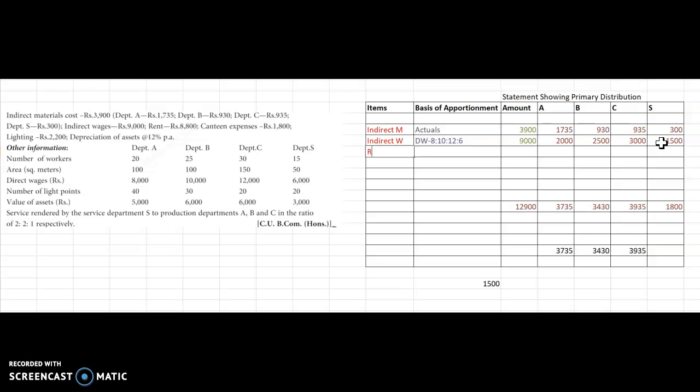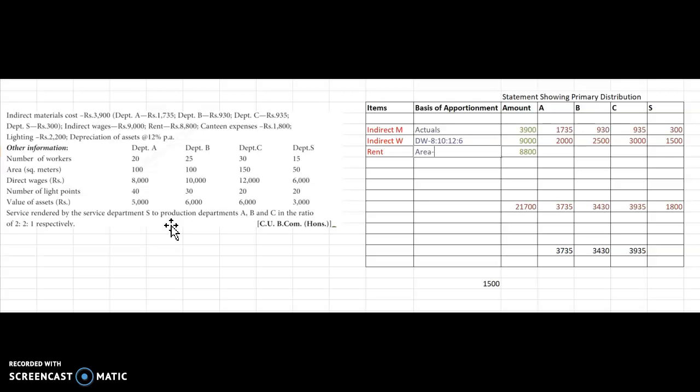Next, we have rent, which is 8,800. Basis of apportionment, logically speaking, will be on the basis of area. So that will be on the basis of area, and this is in the ratio of 1 is to 1 is to 1.5 and 0.5.